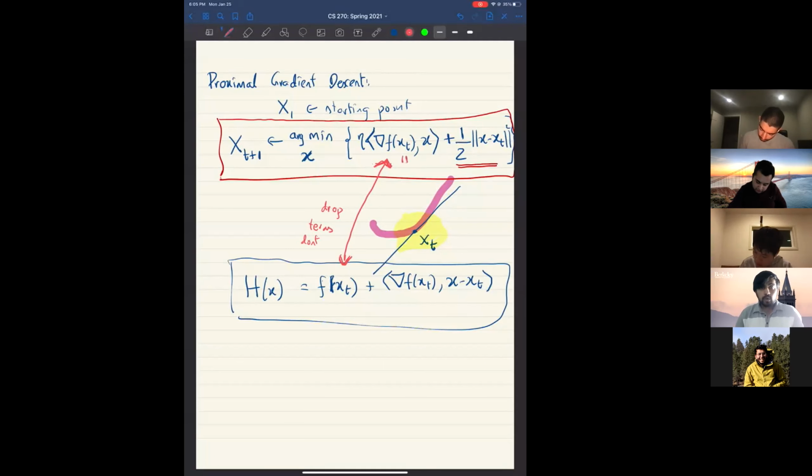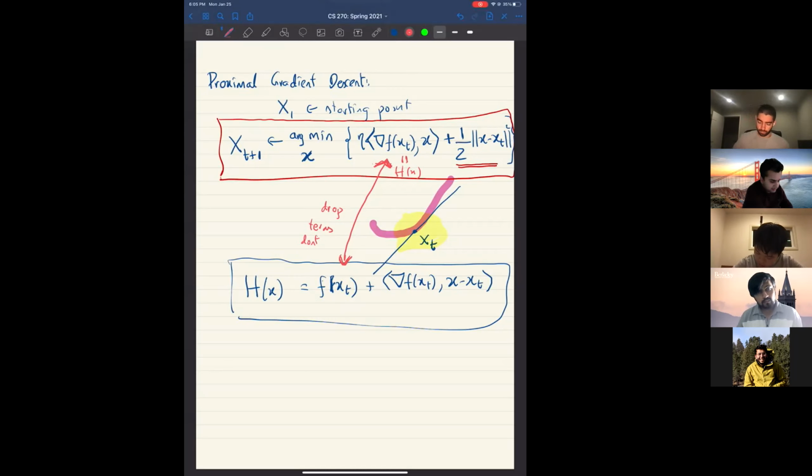So for example, I might as well write minimize h of x plus the quadratic loss. It's the same thing. So the point that minimizes h of x plus the quadratic loss is the same as the point that minimizes this thing that I wrote here. Okay, so does that make sense?